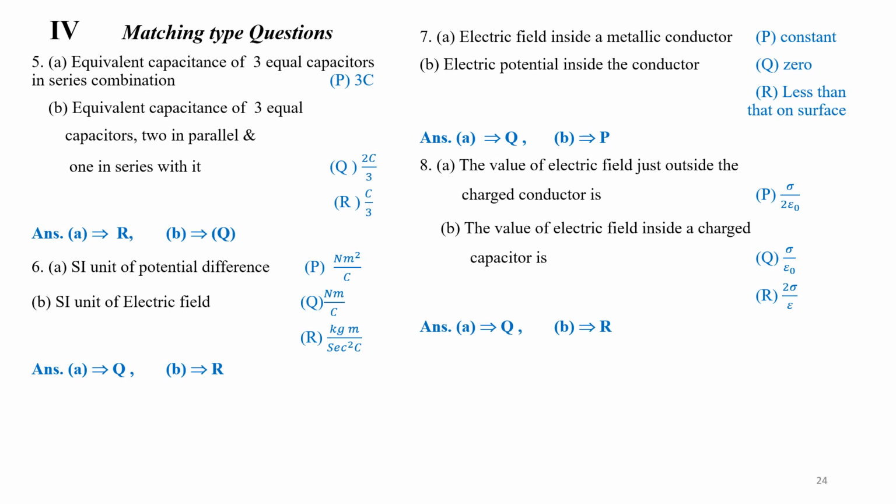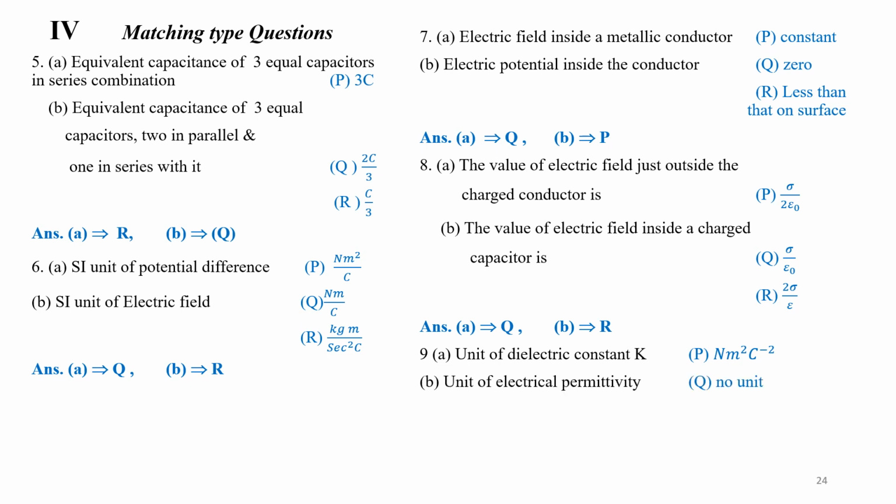And the value of electric field inside a charged capacitor is R, 2 sigma by epsilon. Question number 9. Unit of dielectric constant is no unit. Unit of electrical permittivity is Newton per meter square per C square.